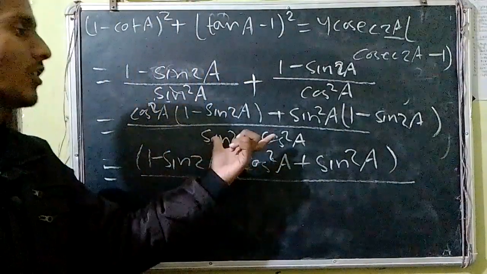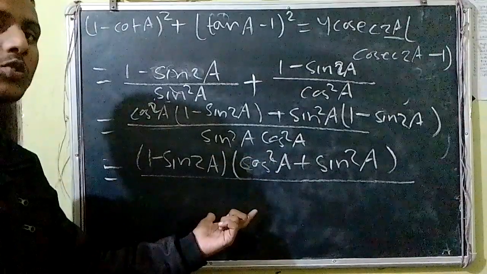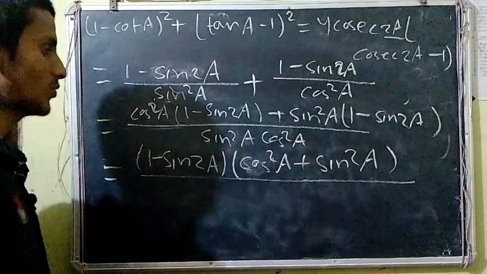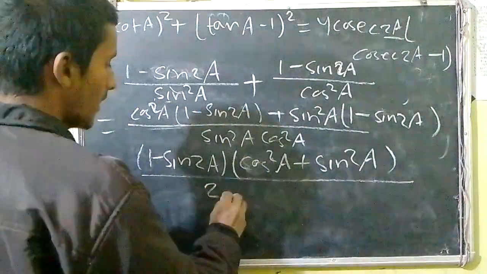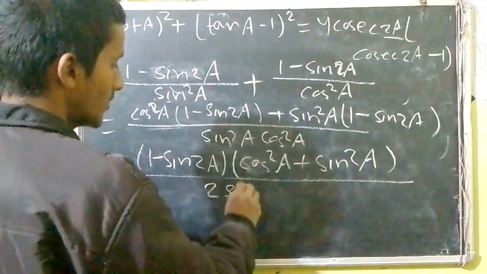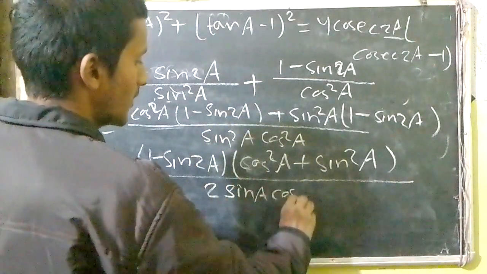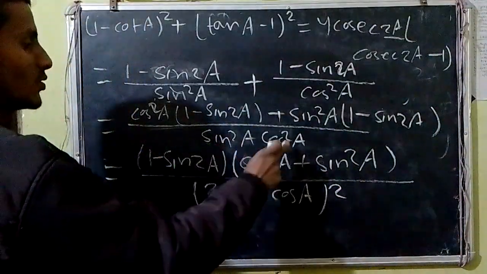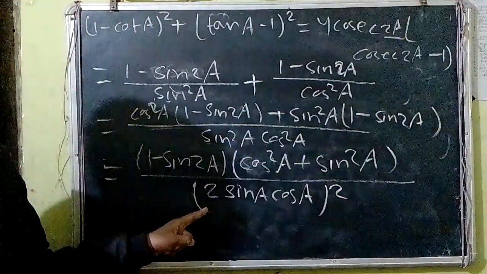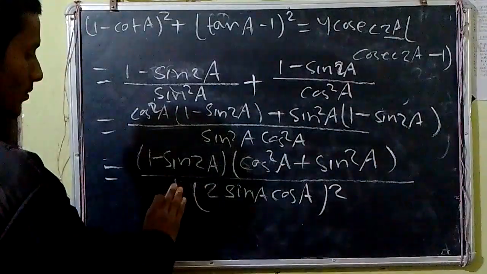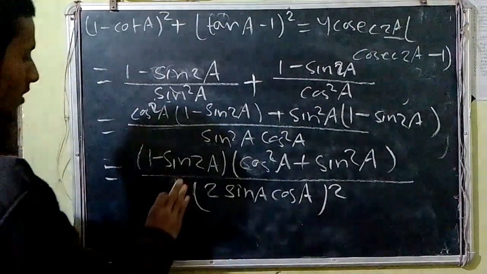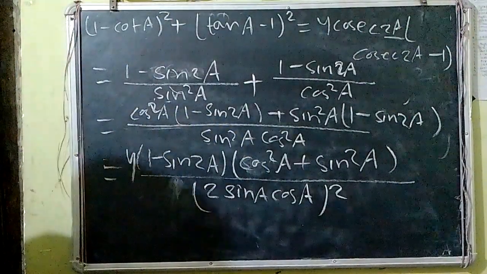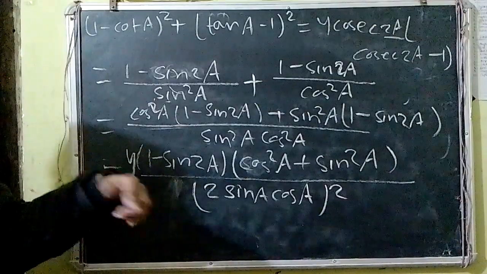Now I want to change this into 2a form. So how do I do that? I would multiply this by 2 and then write it as sine a cosine a, and this would be whole squared, because this is the same thing as this sine square a cosine square a, but the 4 is extra. So I need to divide by 4. To divide this by 4, in other words, I multiply this by 4, and the extra 4 will cancel out.